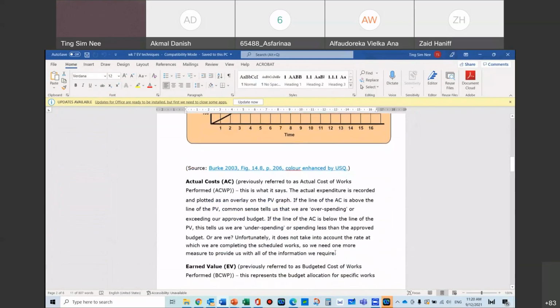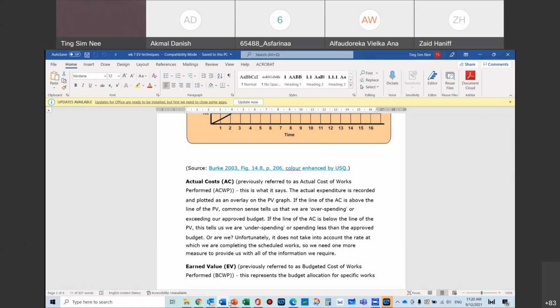When the project starts to be ongoing, there will be actual cost of works. We call this AC, actual cost of work performed. What does it mean? How do you get AC, you ask me?